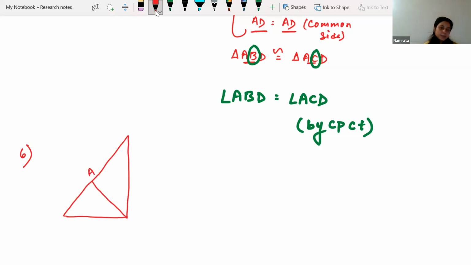A, B, C, D. Here it says triangle ABC is an isosceles triangle in which AB is equal to AC. So it is given that AB is equal to AC. Why? Because triangle ABC is an isosceles triangle.